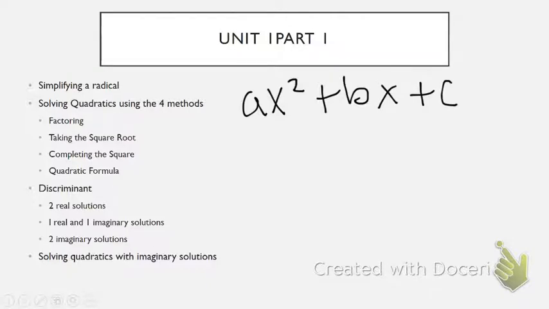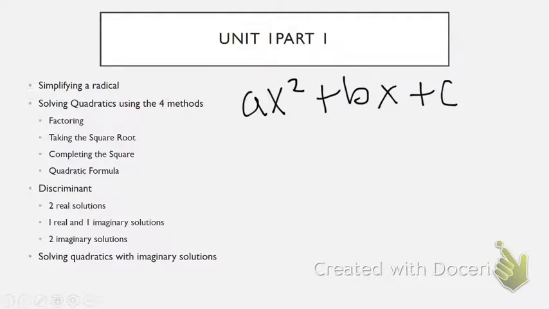The degree of 2 tells you that it's a quadratic. This is the standard form for it. And that is what we use as the basis of understanding all of it, okay? In order to solve said quadratics, we can factor. We can use taking the square root. We can use completing the square. We can use quadratic formula, okay?